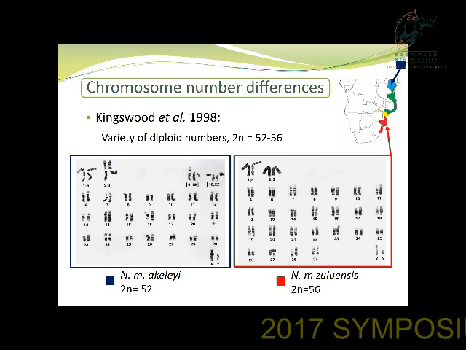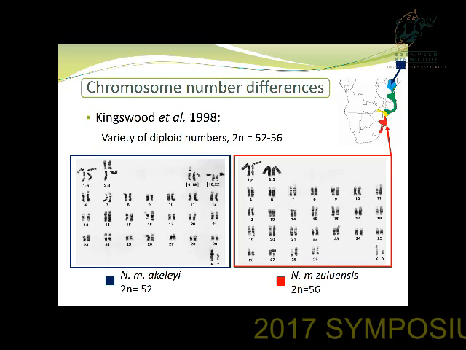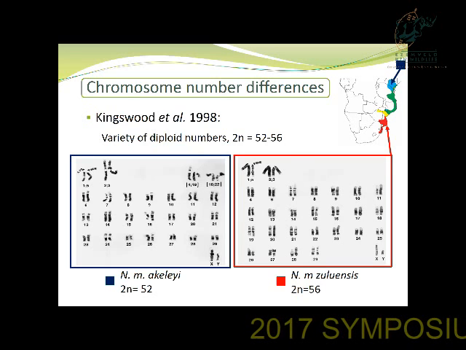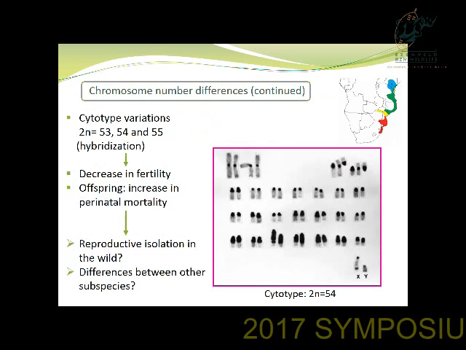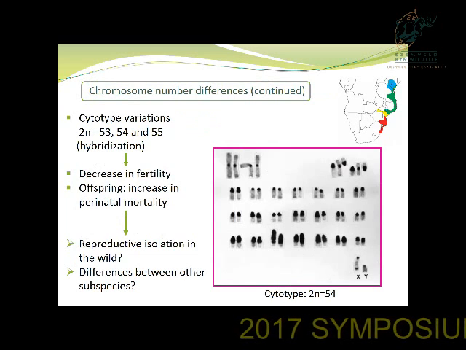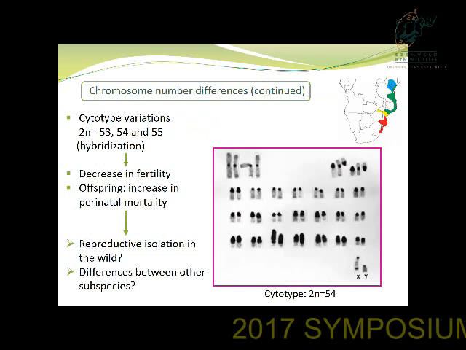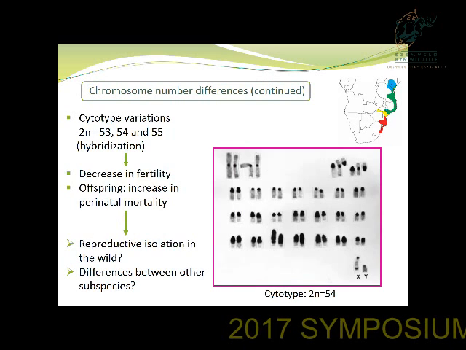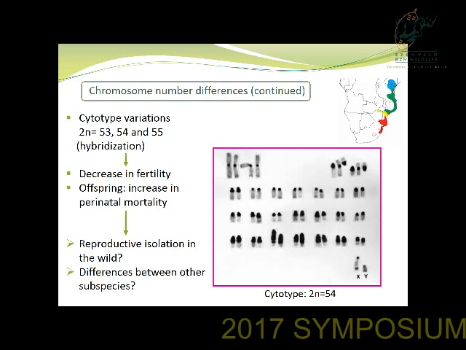But what was of concern was that a variety of diploid numbers appeared between 52 and 56, as you can see here. Now, the cytotype variations 53 and 55 are not normal numbers. It shows that there's an extra chromosome present causing problems, especially when these 2 different subspecies hybridize with one another.